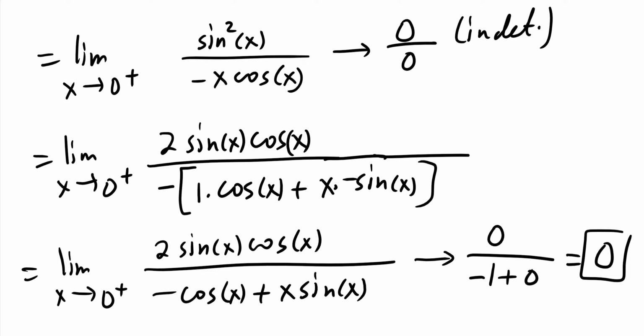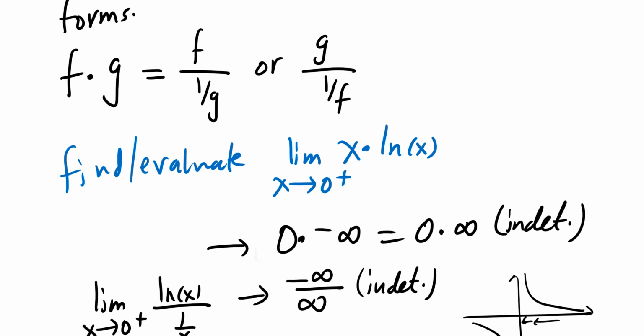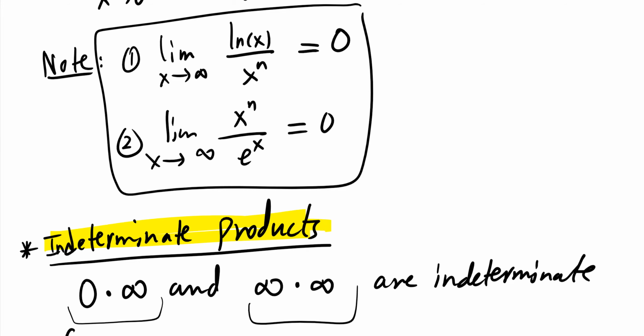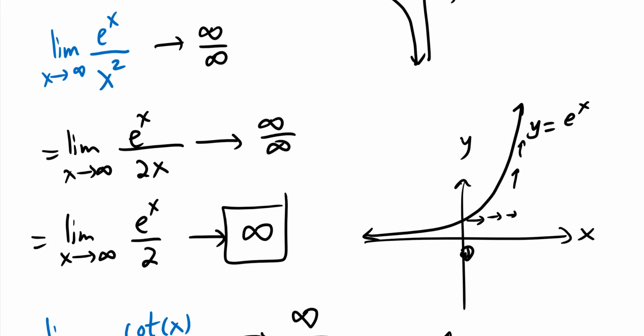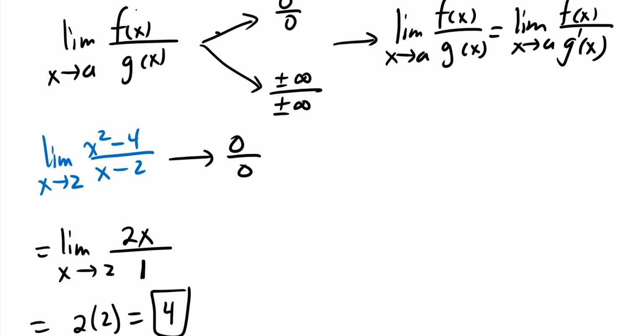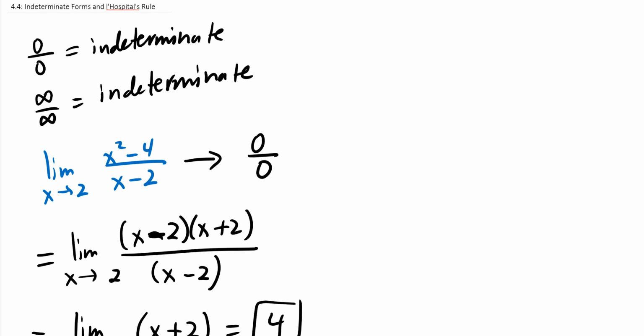So what we've done so far, we got one of the forms called indeterminate products. And this one's like indeterminate quotients, let's call it, the one where we got 0 over 0 or infinity over infinity.